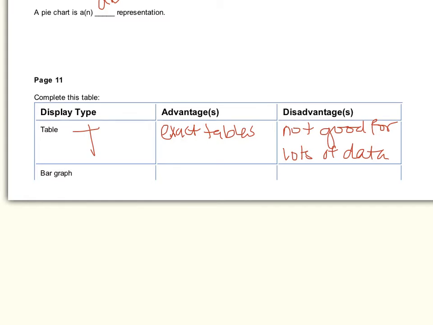So our next one is a bar graph. And bar graphs look like this. Notice that my bars are not connected. That's the important thing there, okay? In a bar graph, the bars are not connected. A bar graph is great for showing changes over time.